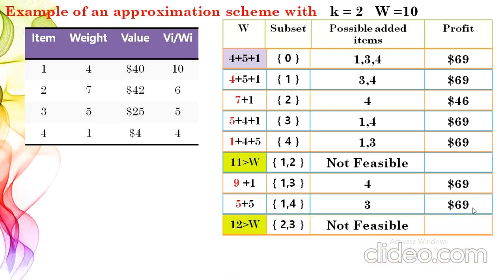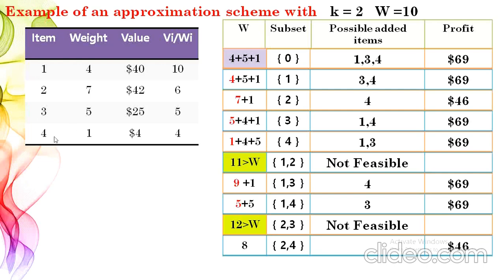In the next combination, I have to check with 2, 3. 2, 3 is again the total weight is greater than our knapsack capacity. So this is also not feasible. So move on to the next combination. 2, 4. If I add 2, 4, the used weight is 8.